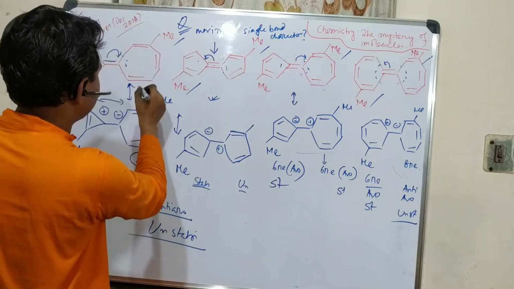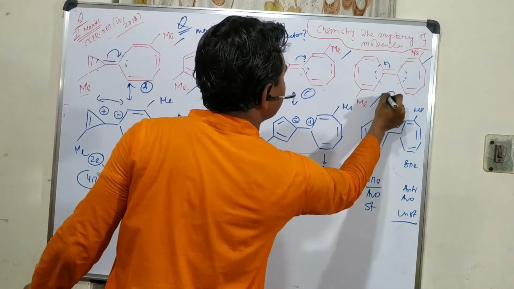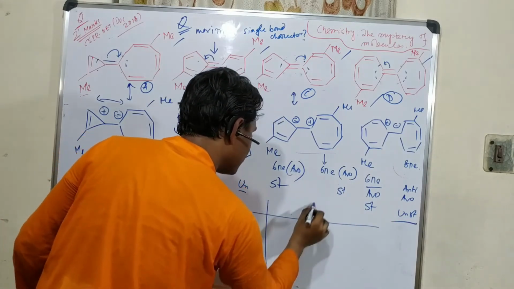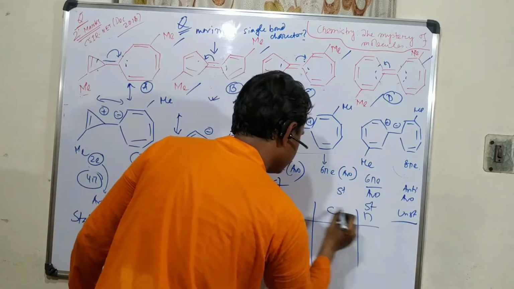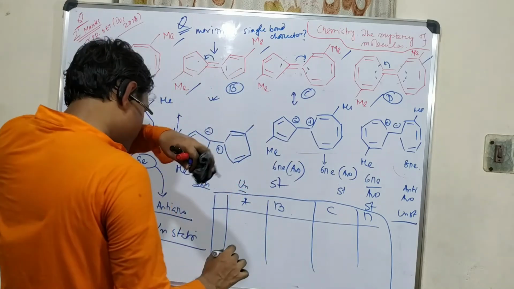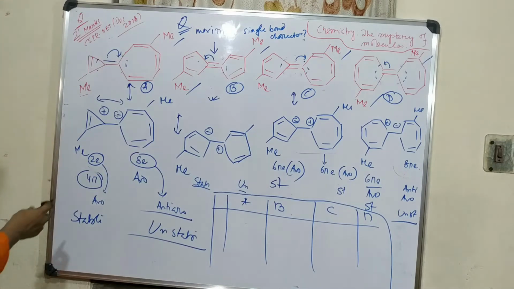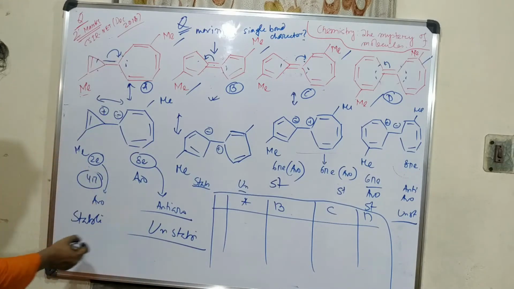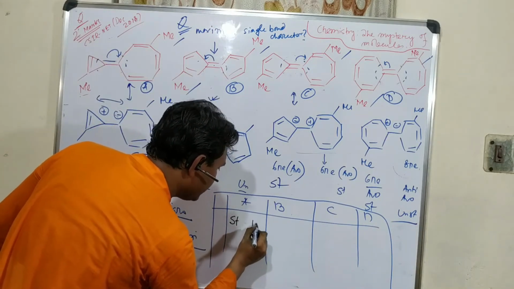So if we make a table, if we consider A, B, C and D, it will be helpful for you. Let's make a table. This is the table. A is ST and UST.